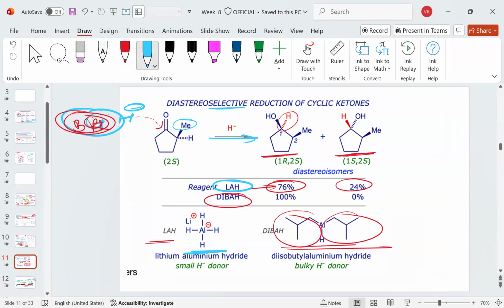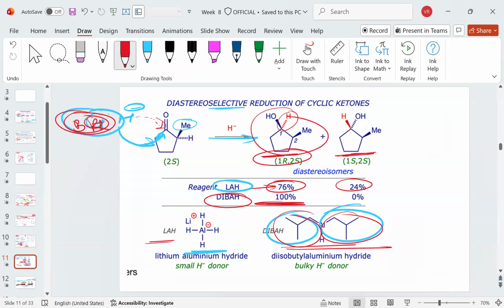Because our reagent is already very bulky. Therefore, attack of this hydride from the top side is not feasible because you can see the bulkiness of these groups, and the attack of this hydride only takes place from the downside. Therefore, we are getting 100% formation of this product in which the hydride is on the bottom side, right?